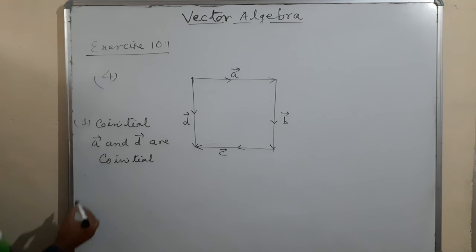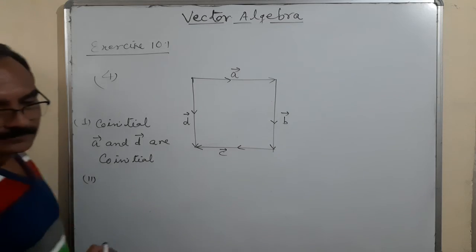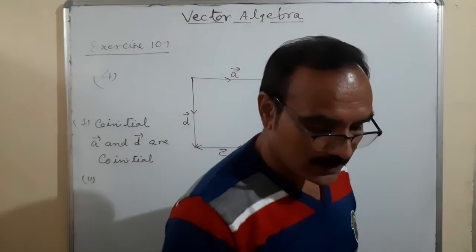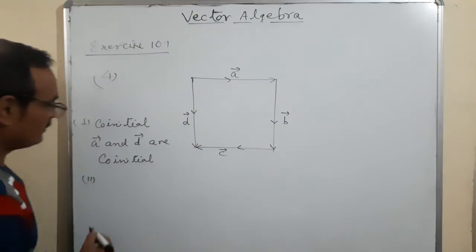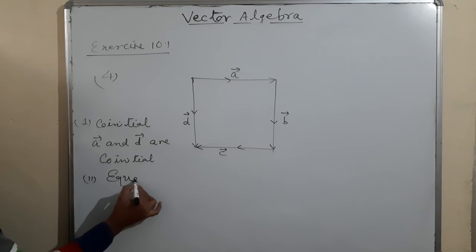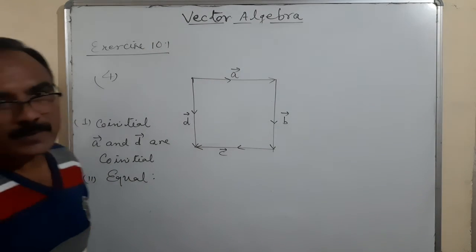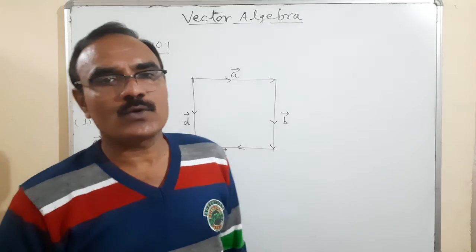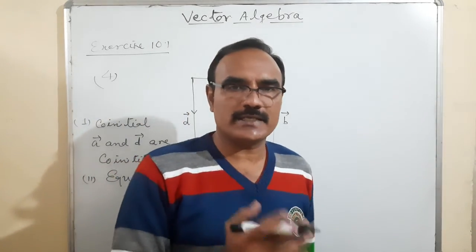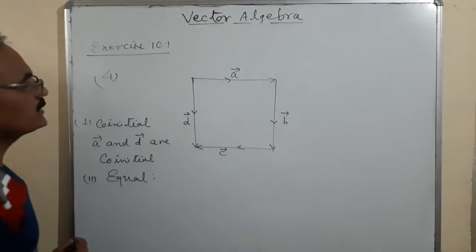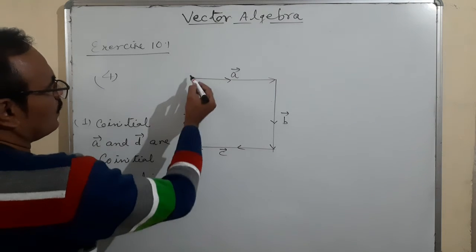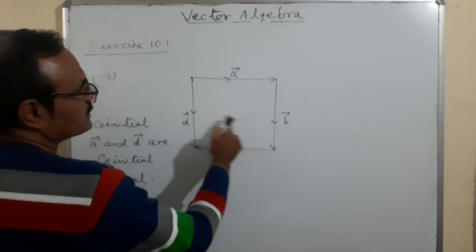Okay. Second part is equal vectors. What is the definition of equal vectors? 2 or more vectors are equal if they are equal in magnitude as well as their directions are same. So you'll see that they are having the same direction.